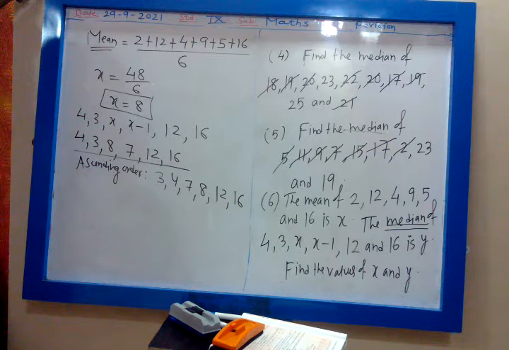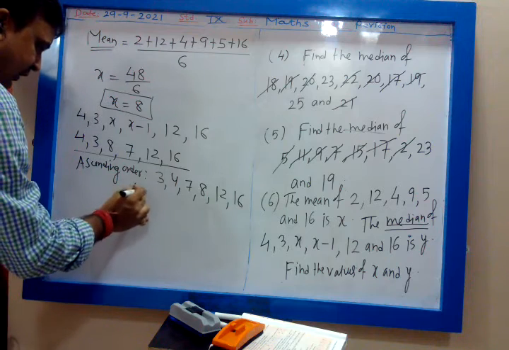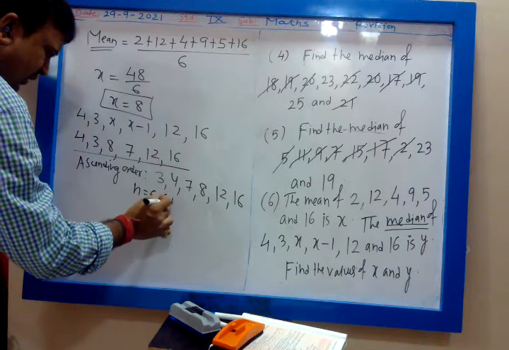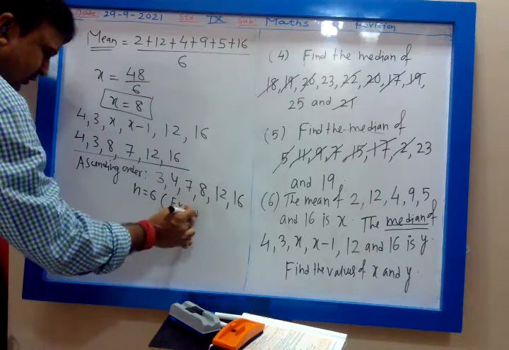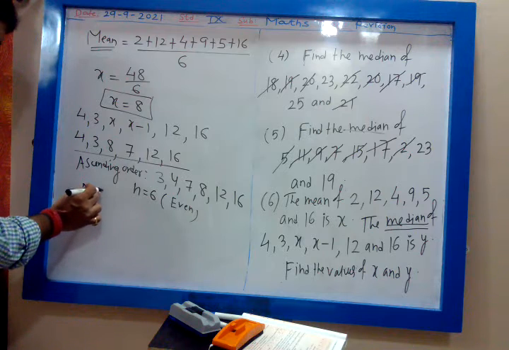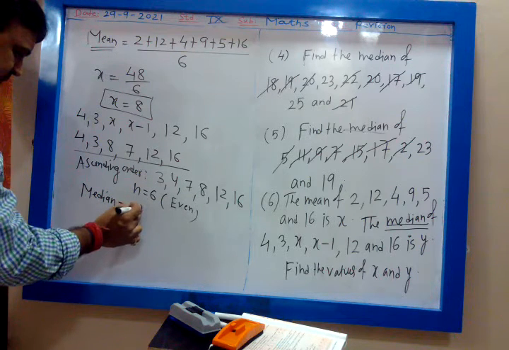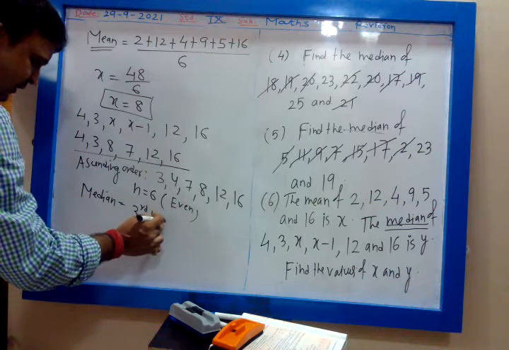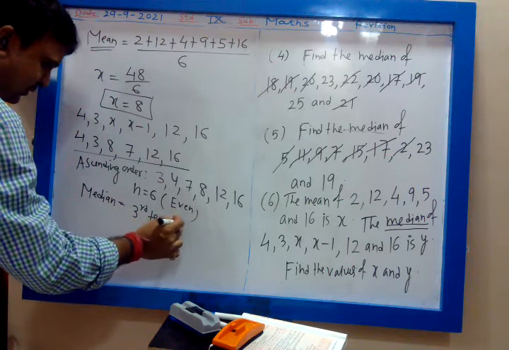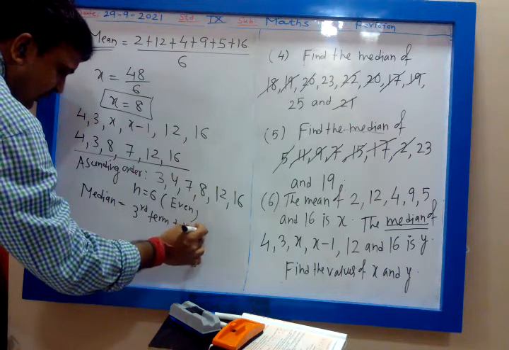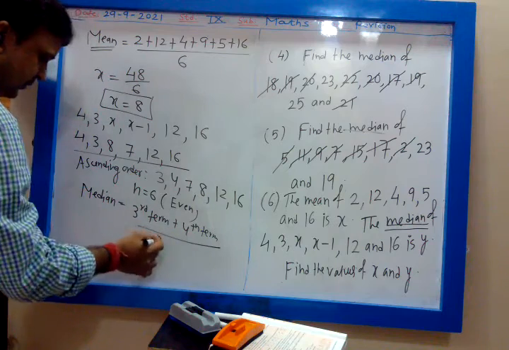How many data are given? N is 6. Even number. So median will be the n by 2th term, 6 by 2, that is the 3rd term, plus the n by 2 plus 1, 3 plus 1, 4th term, the 3rd term plus the 4th term divided by 2.